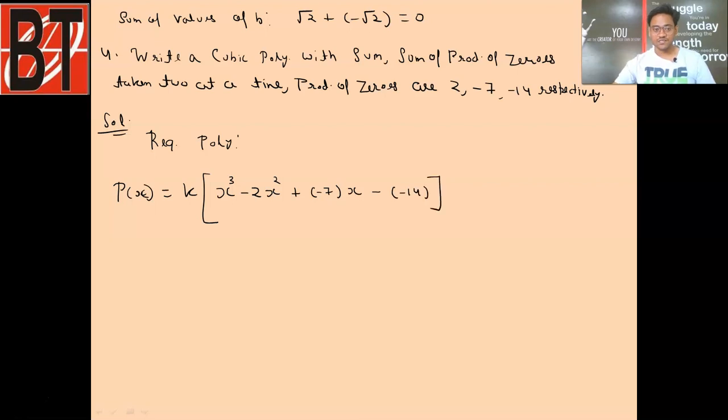Clear? So yes, the required polynomial p(x) can be written in this way, where k is any real number: x cube minus 2x square minus 7x, and minus minus, it's plus 14. k belongs to R, that means k is any real number.